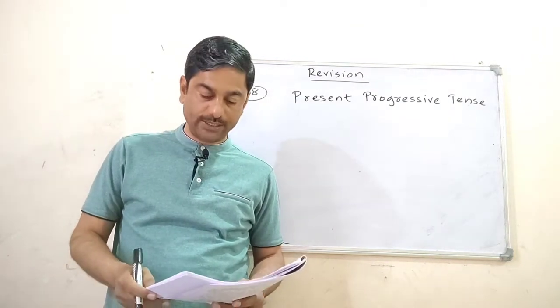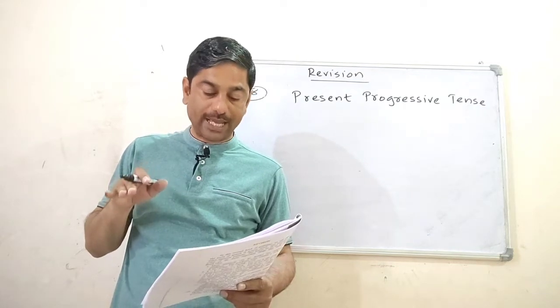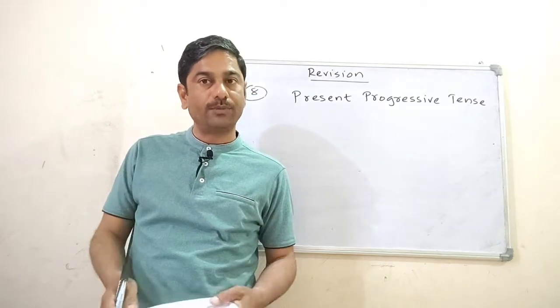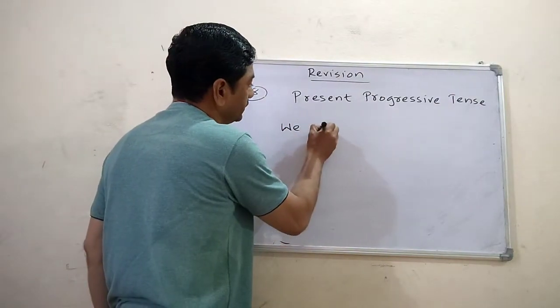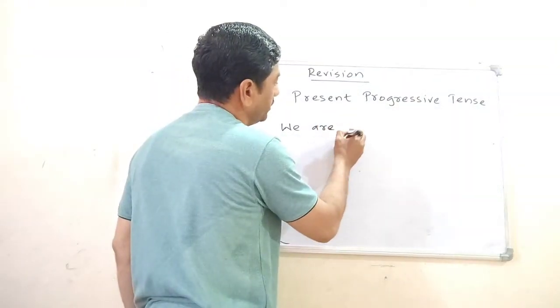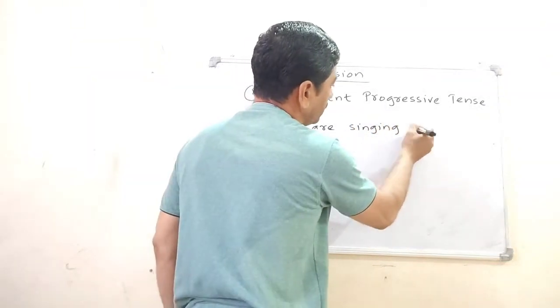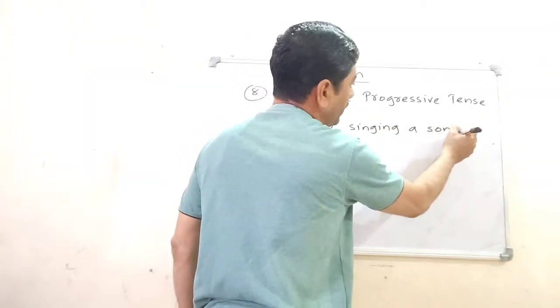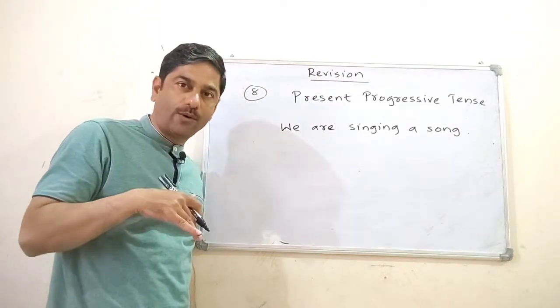Present progressive tense is used to show that an action is in progress at the time of speaking. For example, we are singing a song. Now the action is going on. We are singing a song now.